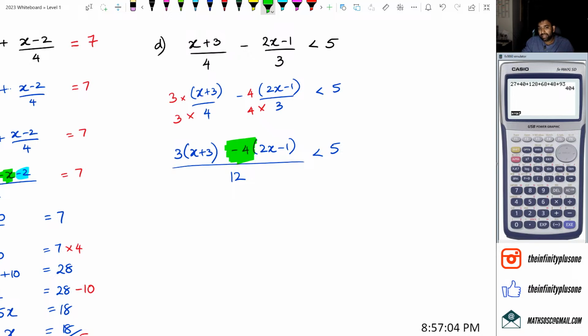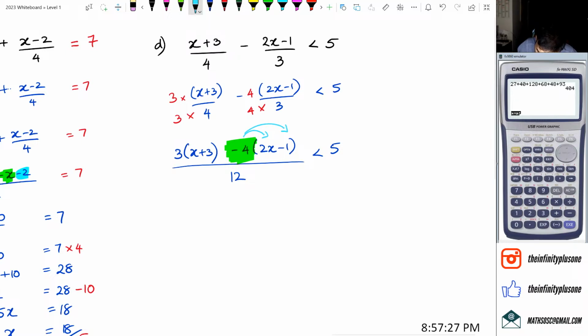They always forget that it's -4. Sometimes when you multiply 4 times 2x and minus 1, you write it up as 8x minus 4. But in reality, it's not 8x minus 4. You've got to always remember that -4 is going to impact both the 2x and the -1.